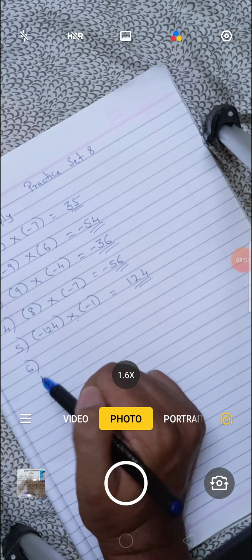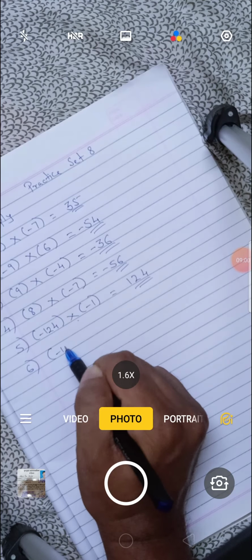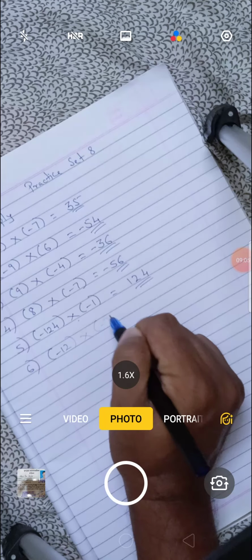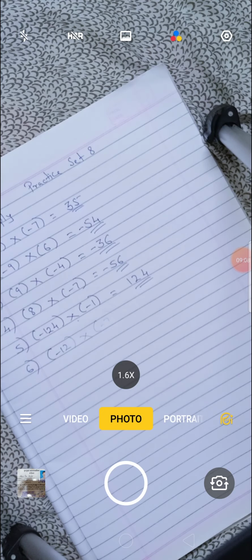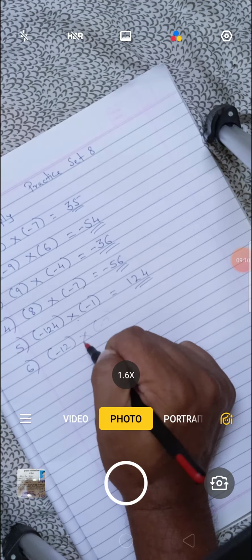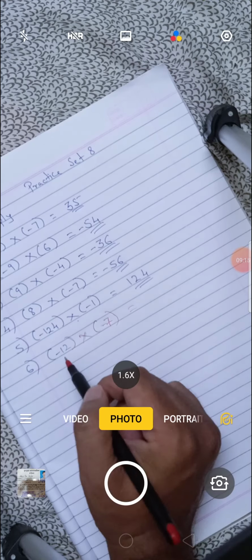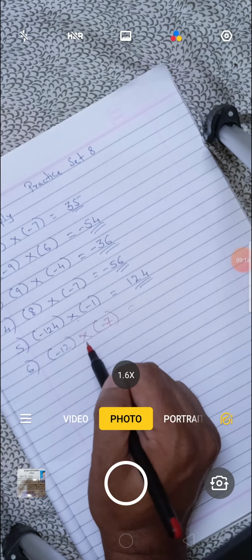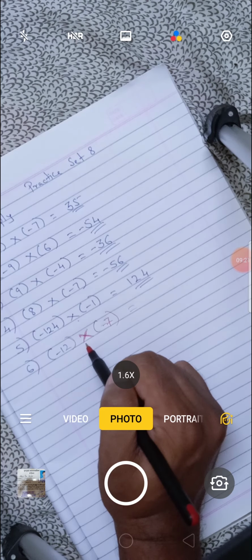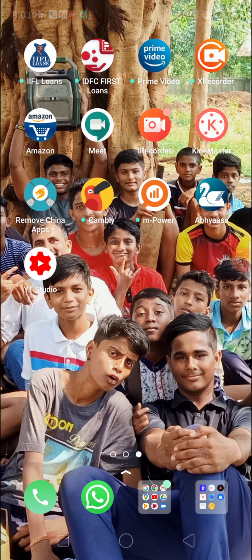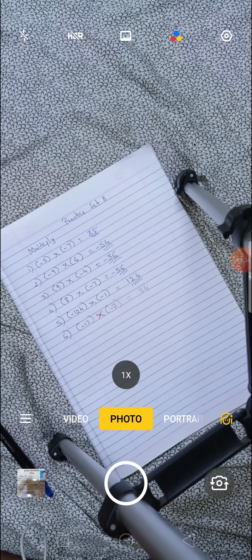Okay, next sum, -12 into -7. Answer. Again the rule is the product of two negative integers is a positive integer. 12 sevens are 84.